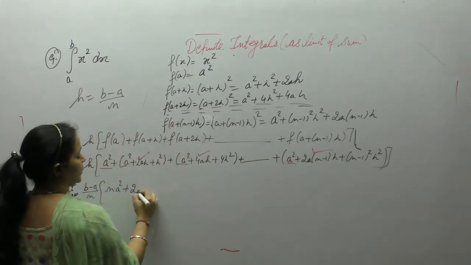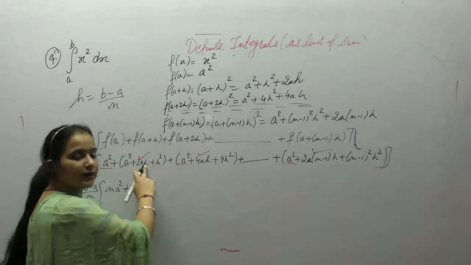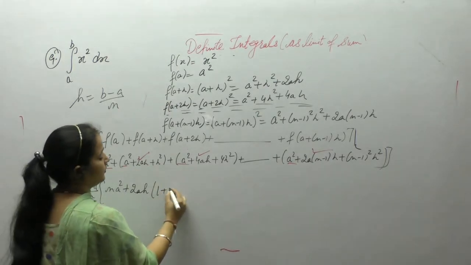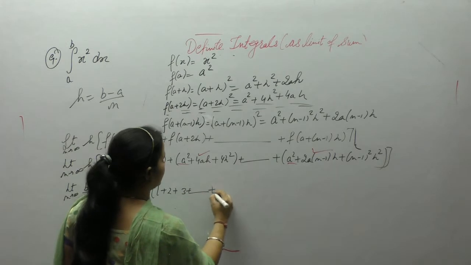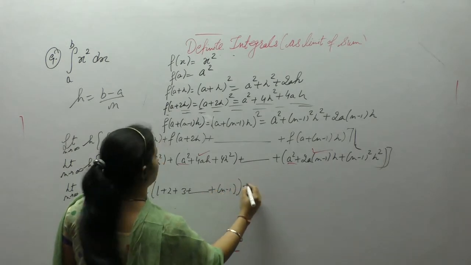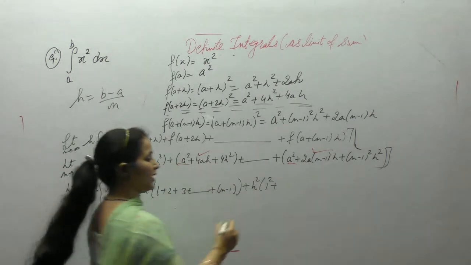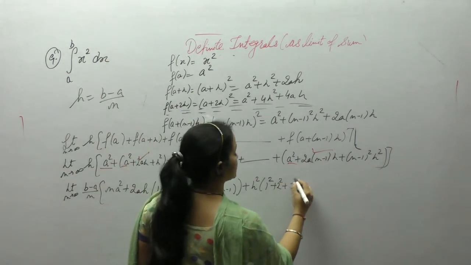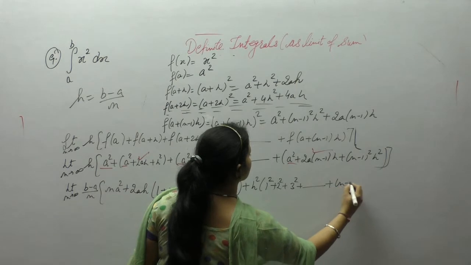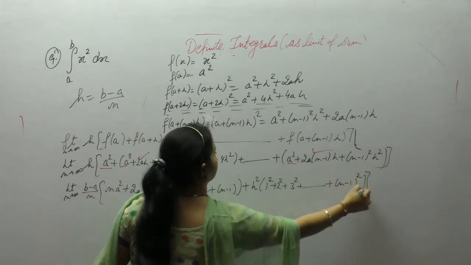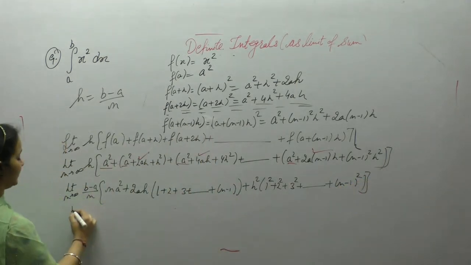Now 2ah common. After taking 2ah common, we are left with 1, 2 and so on up to n minus 1. Now take h square common. 4 is 2 square, 3 square, so on up to (n minus 1) square. Now apply the formulas.